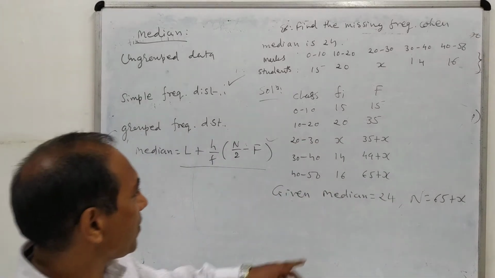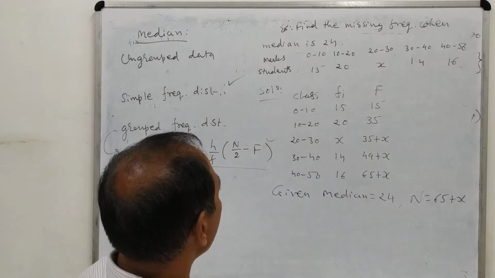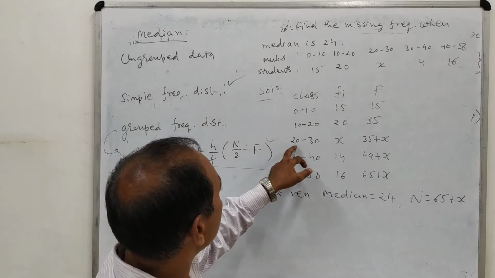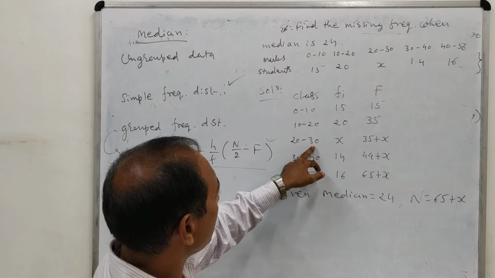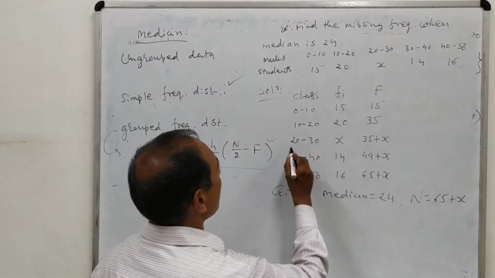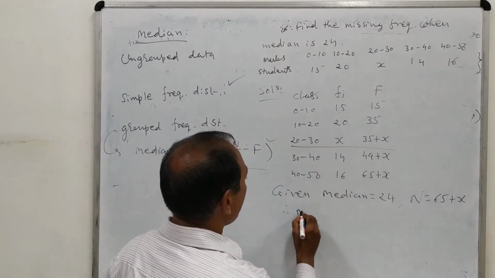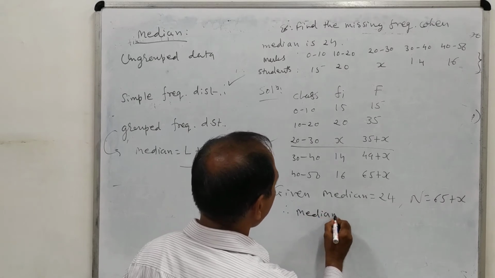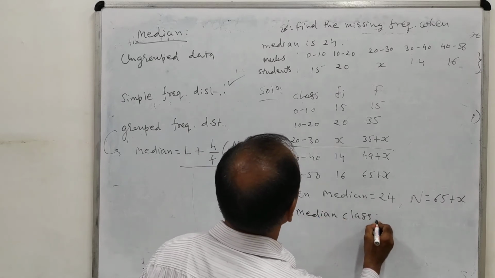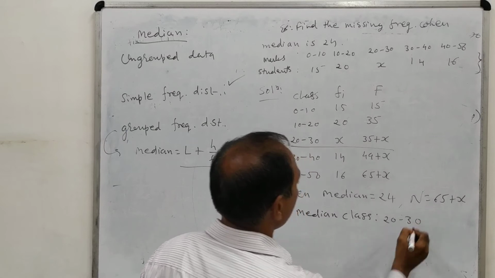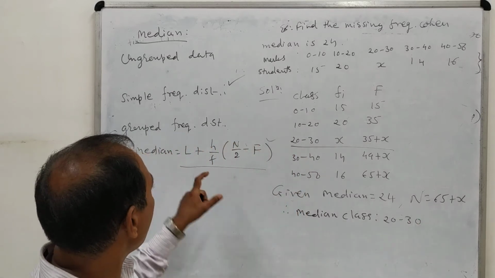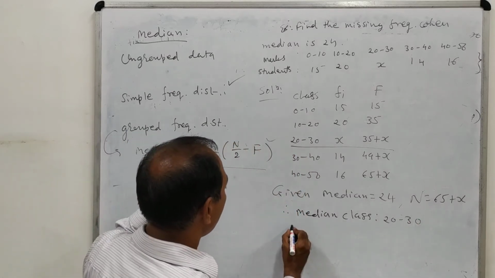So instead we will make use of the median, which is given to us. The median 24 lies between 20 and 30. So this is our median class. Therefore, the median class is 20 to 30.